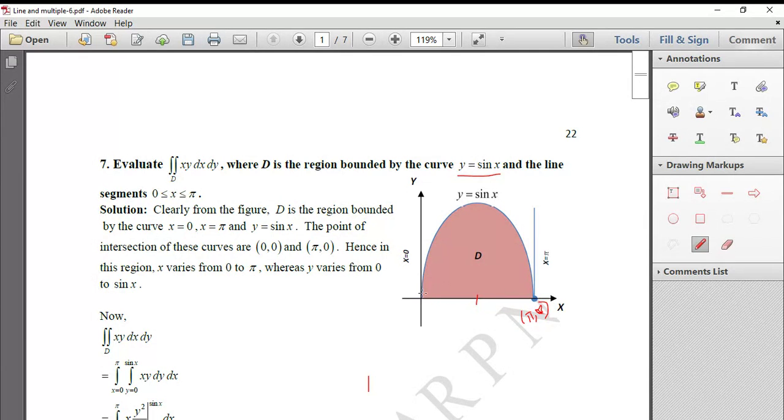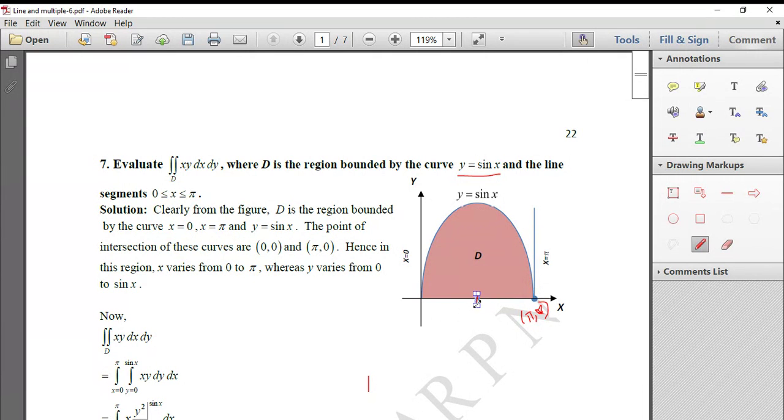Similarly, from any point along the y-axis to this line, the distance is pi. So let me draw a line parallel to the y-axis. This line is x equal to pi, and this line is x equal to 0, and this is our graph y equal to sin x.